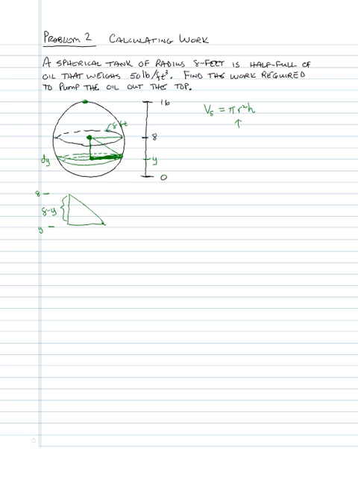You can see that's this distance right here, up here. That's the 8 minus y. Now, this is the R value that we're looking for. I didn't label it inside here, but that's the R value we're looking for up here for the volume of that slice. Now, the question is, what is the length of this hypotenuse?